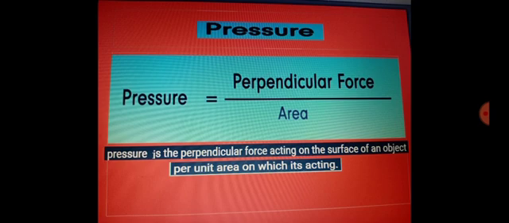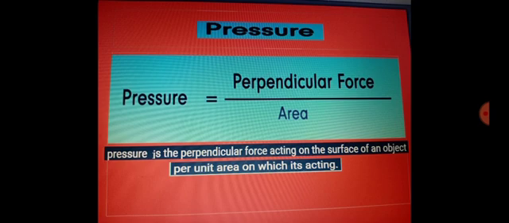That means if the force is the same and the area keeps changing, then with the increase of area, pressure decreases.